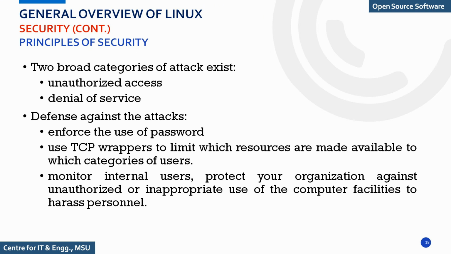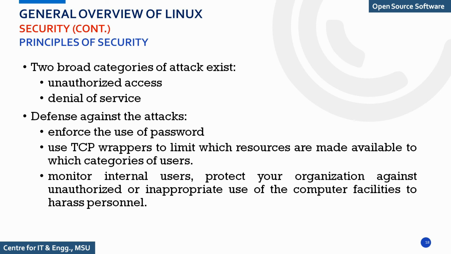Now, the principles of security in Linux. As you might know, there are two broad categories of attacks. That is unauthorized access. The second one is denial of service. Now, Linux uses some defense mechanisms against these attacks. Some of them are to enforce the use of passwords, as we all do.